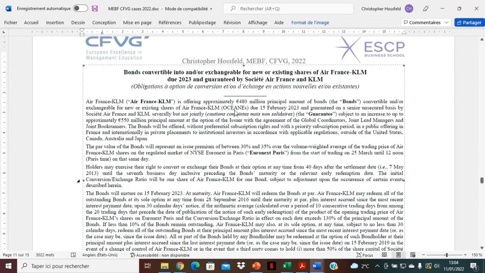And we have the description of the bond. For example, the bonds will mature on February 23, if by then nobody has exercised their options. Actually, these bonds were issued, I think, in 2013 or 15, so quite a while ago.